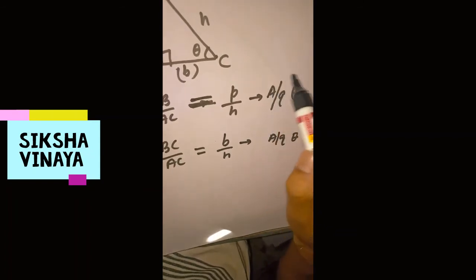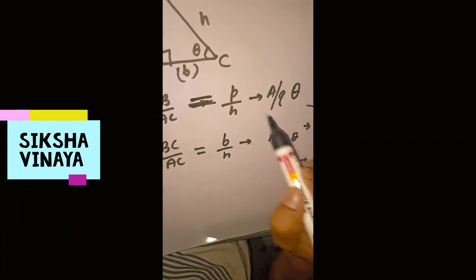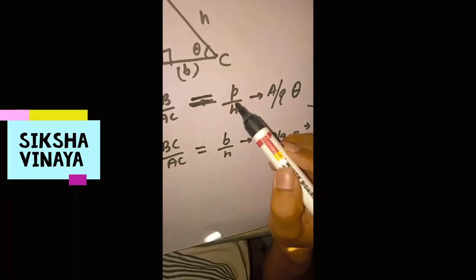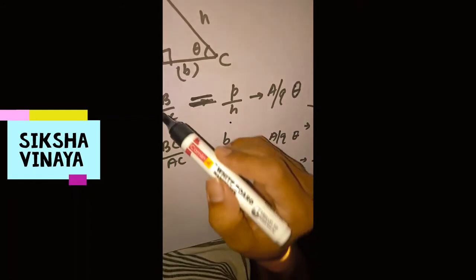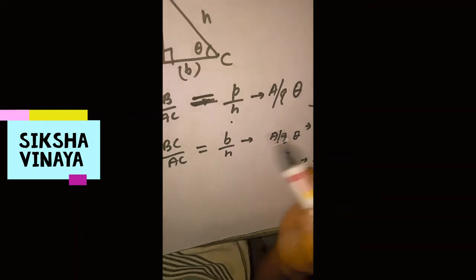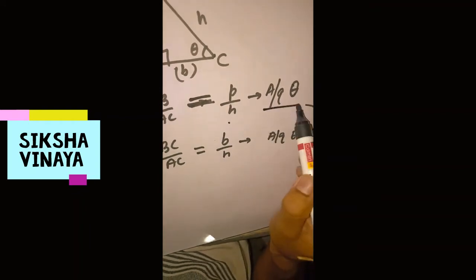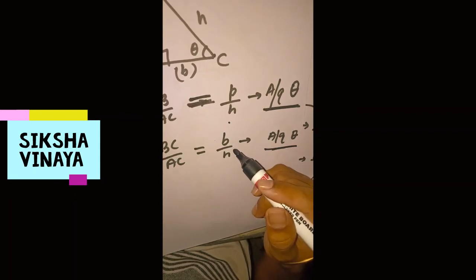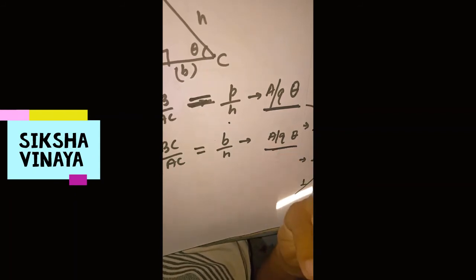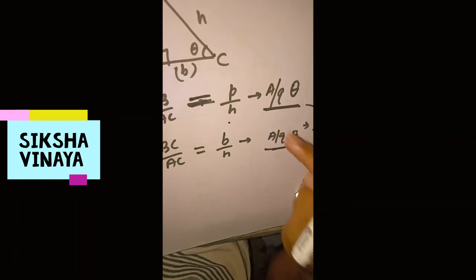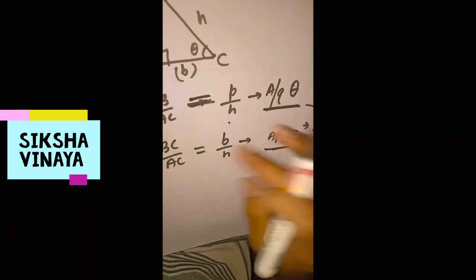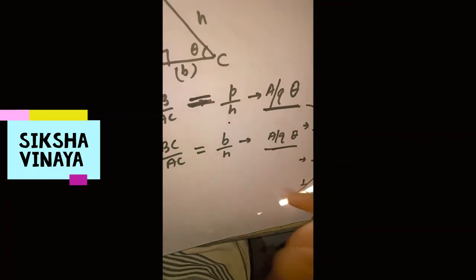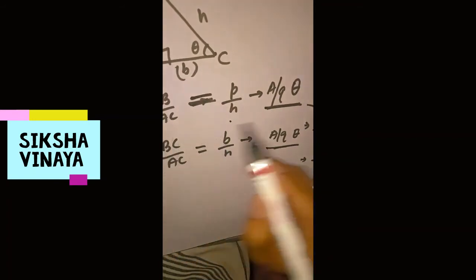Now the question is how we symbolize this term according to theta. Here the ratio is AB by AC, and here it is BC by AC, but I have written the same symbol, according to theta. So mathematicians also write some symbol. This symbol is different from this because both ratios are different.